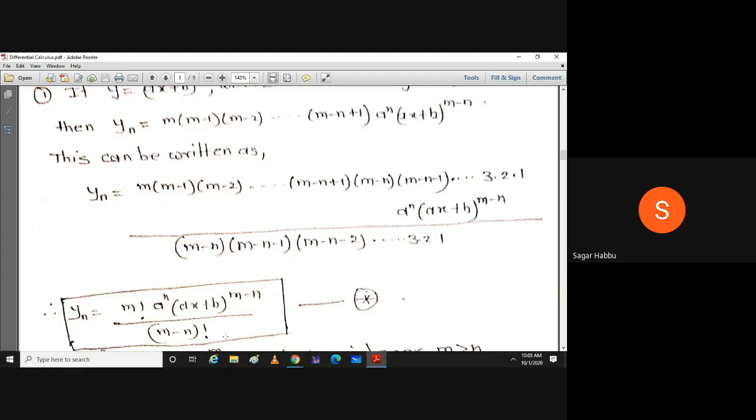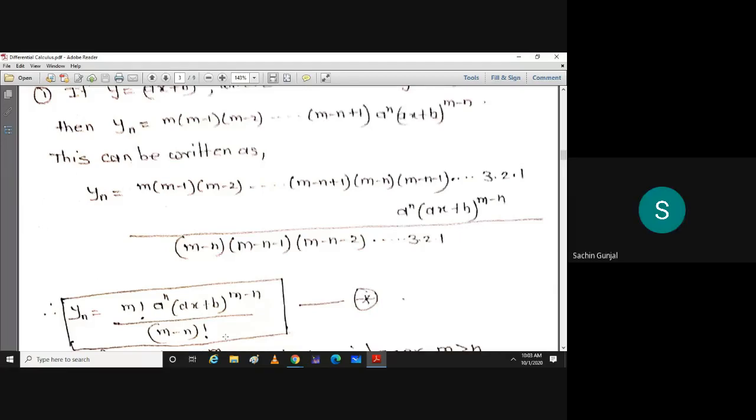You can leave it as it is or simplify if you want, it is up to you. Is the doubt clear about minus 1 to the power? Yes, sir.